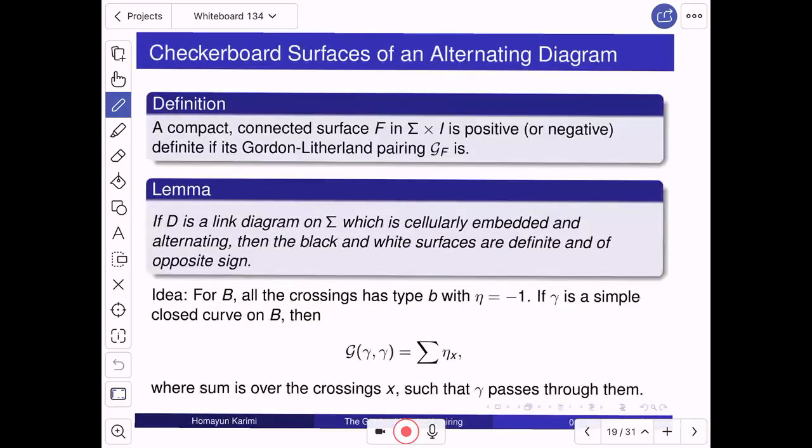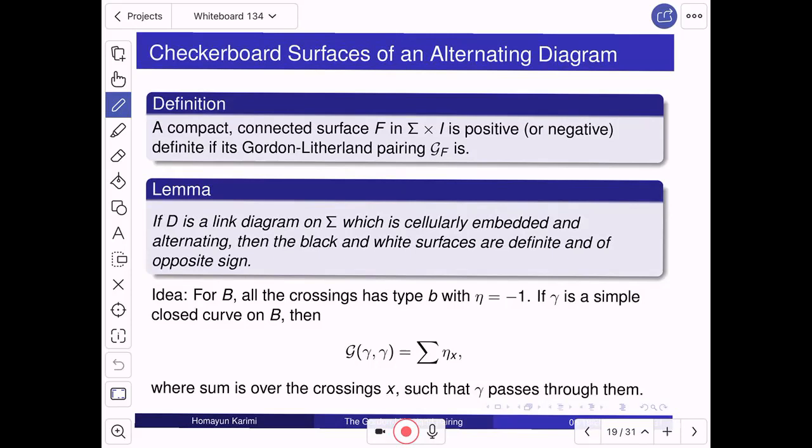Then here is the definition of a positive definite spanning surface. A spanning surface is called positive definite if its Gordon-Litherland pairing is positive definite, and it's negative definite if its Gordon-Litherland pairing is negative definite.